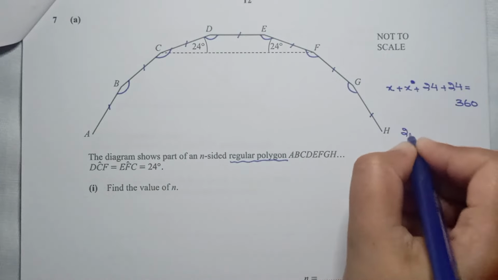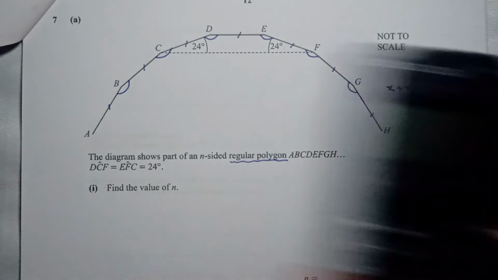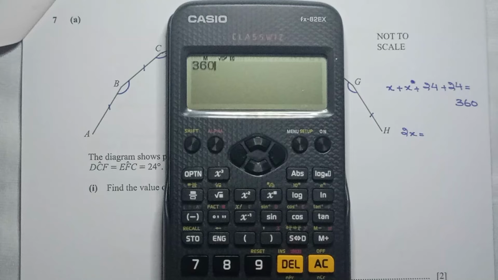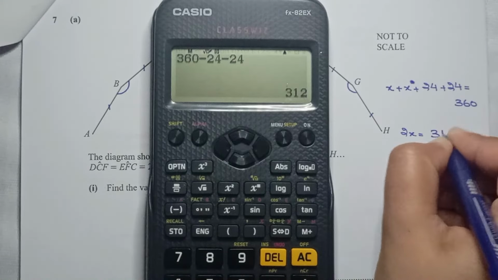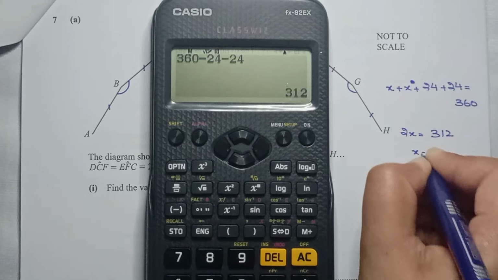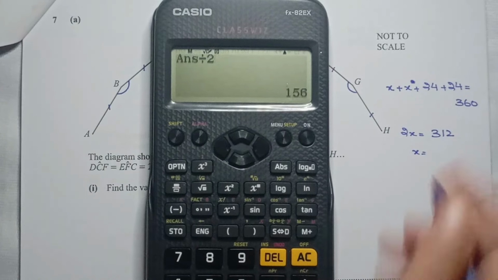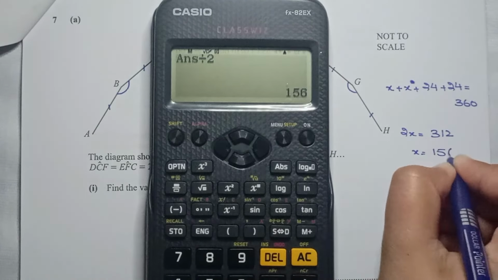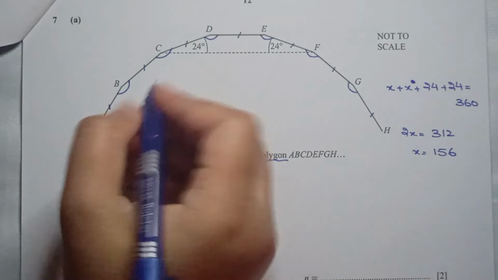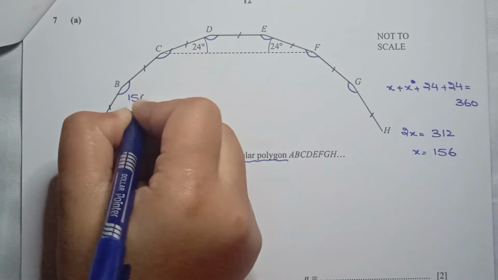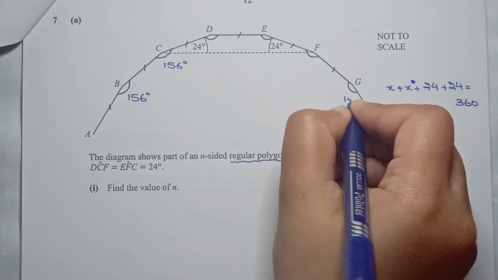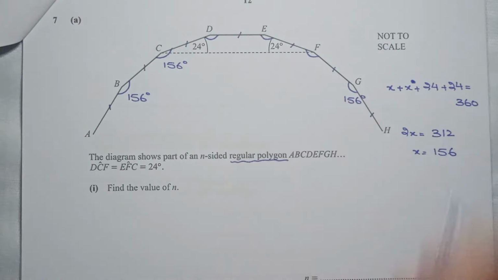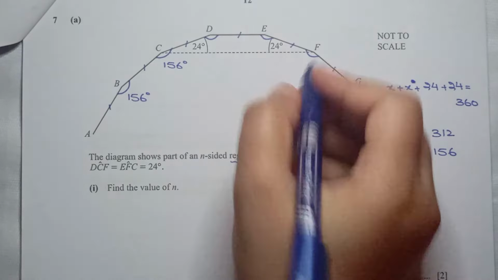So we have 2x would be equals to 360 subtract 24, it would be 312, and x would be 312 divided by 2, this is 156. So it means all the interior angles are 156 degrees.